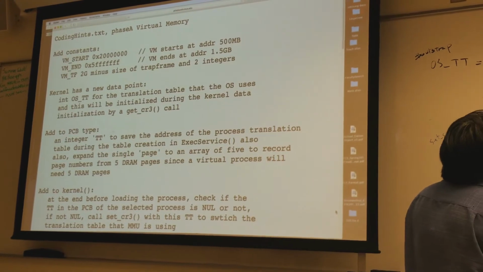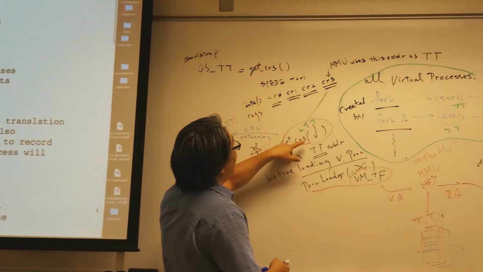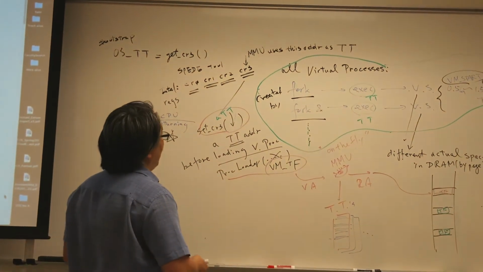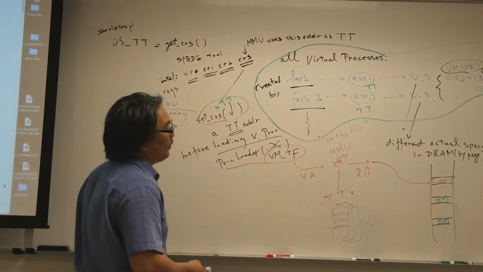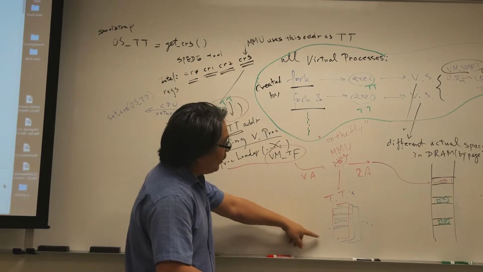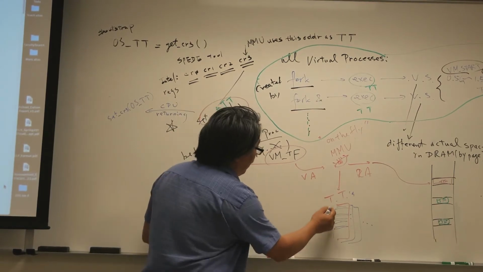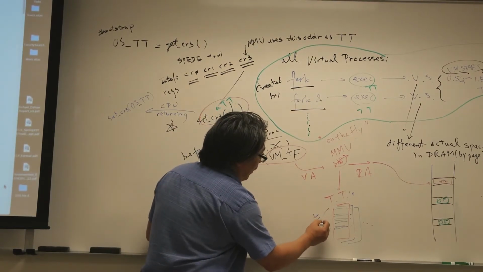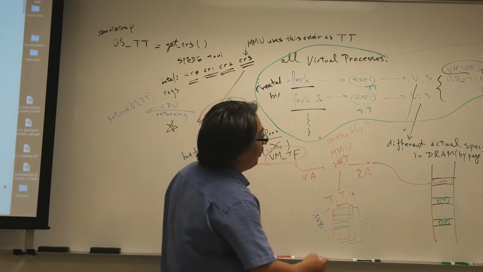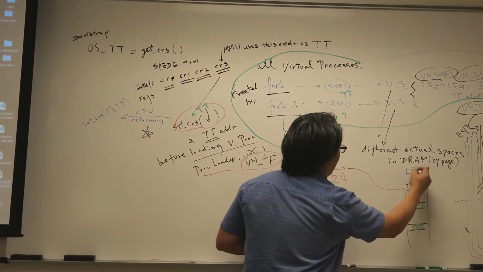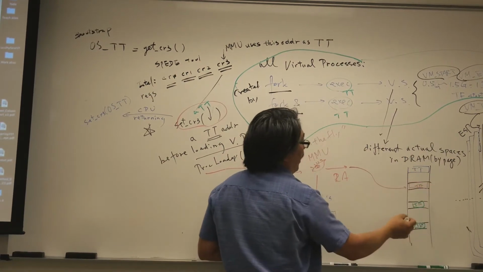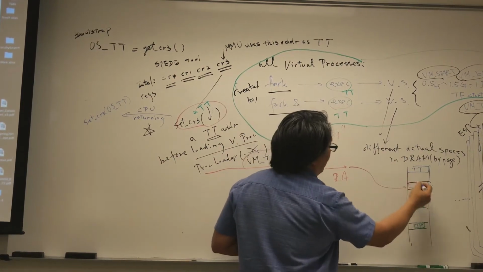Okay, after we select the process, we load the process PCB. There's a TT address, the translation table address for that process. Because why? Because each translation table is 4K bytes. Okay. And we don't put that in the PCB, we put that in another DRAM page. So if you have 3 processes running, you will have 3 TTs.